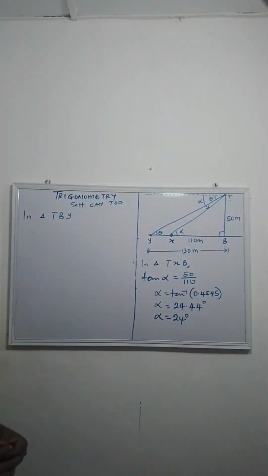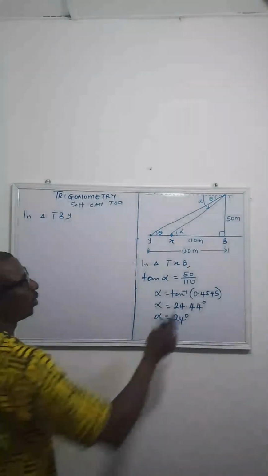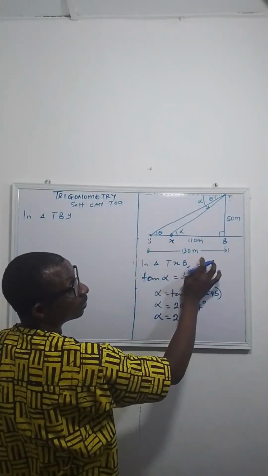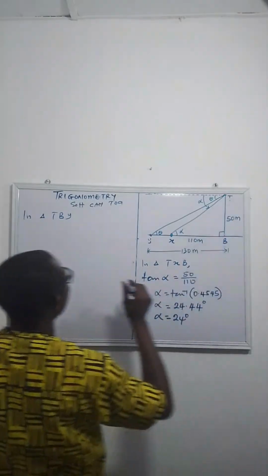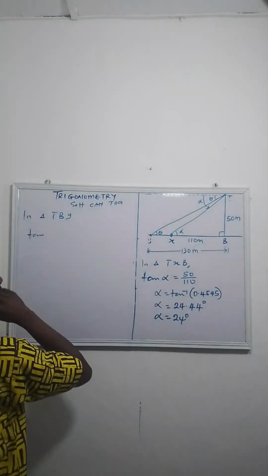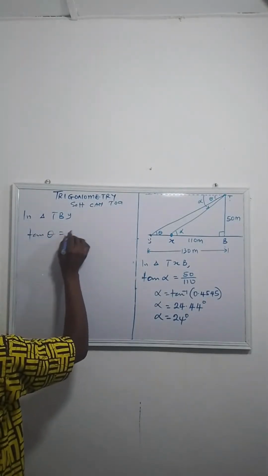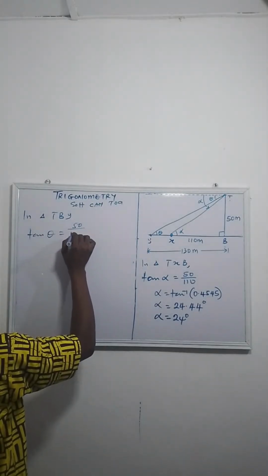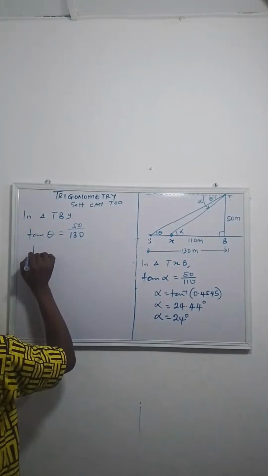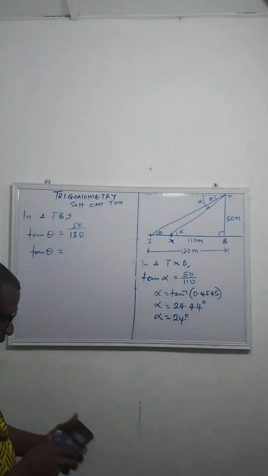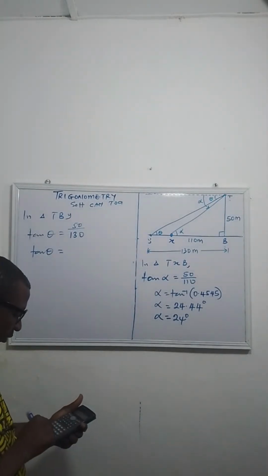All right, so we can link the two together. Say we have opposite here and we have adjacent here. So our adjacent is 130. This is opposite. So we are making use of tan theta equals opposite, that's 50 over 130. So what is 50 over 130?